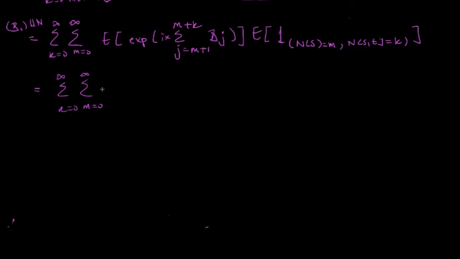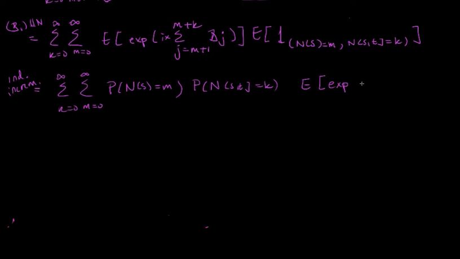So I actually have, first and foremost, the probability that N(s) is equal to m. And then, because of independent increments, I also have the probability that N(s,t) is equal to k. And then we multiply on this thing here.